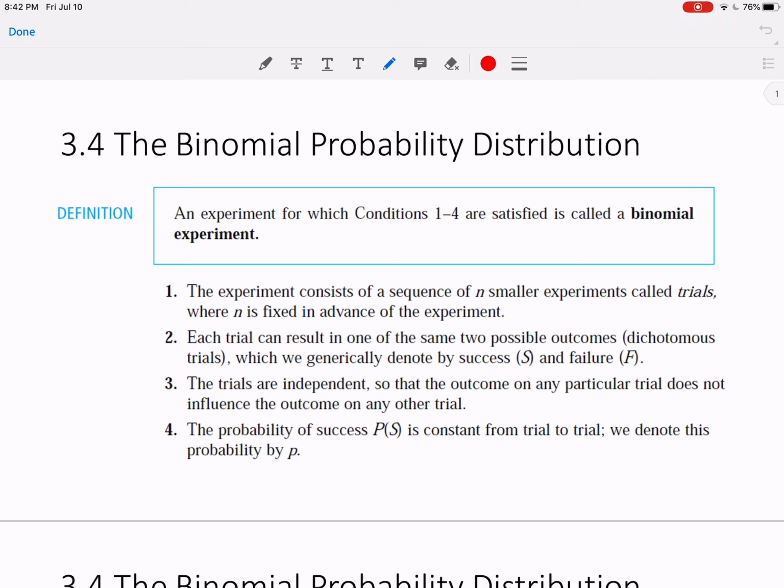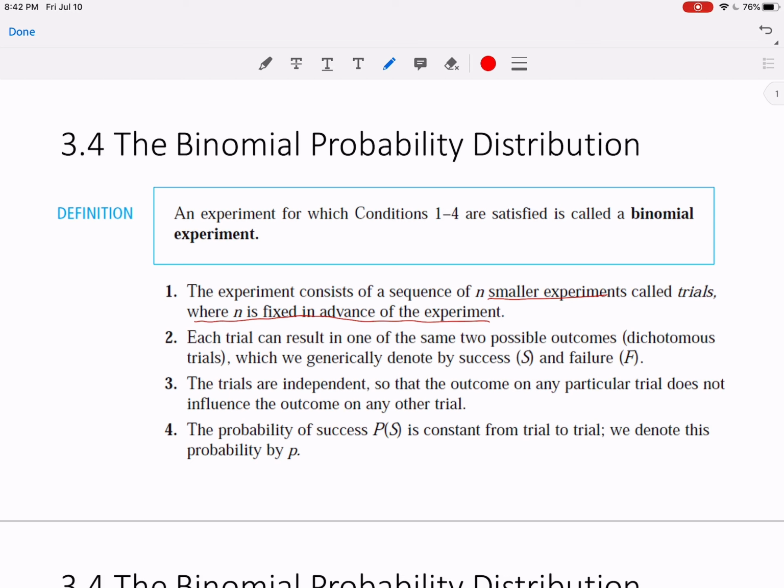Number one, the experiment consists of a sequence of n smaller experiments called trials, where n is fixed in advance of the experiment. So, the number of trials of a binomial experiment should be fixed in advance. Okay, that's number one.